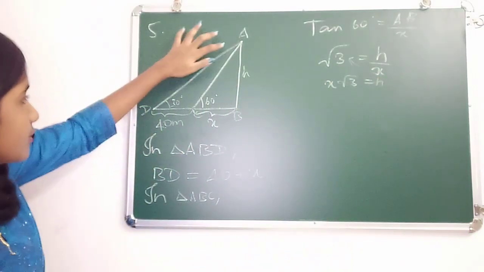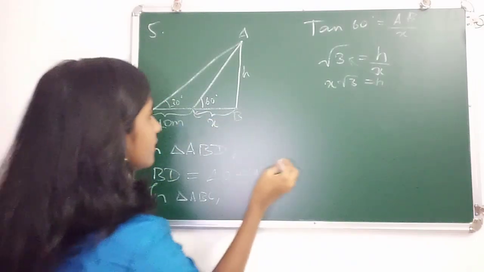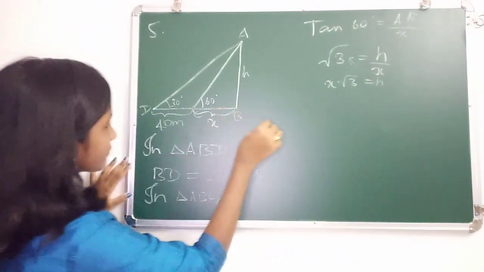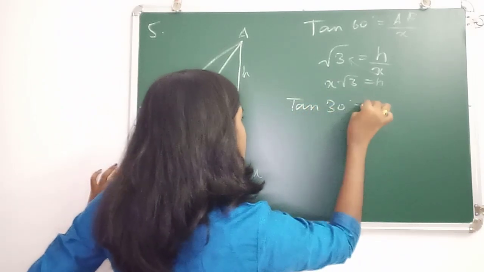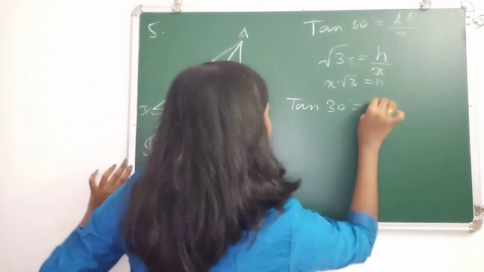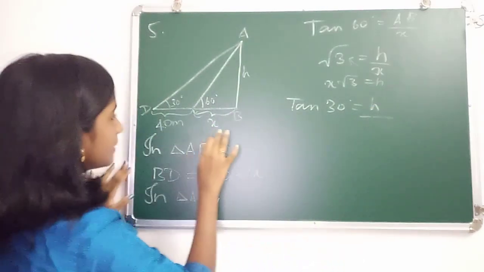Now coming to the ABD again, we have tan 30 to be equal to h by 40 plus x.